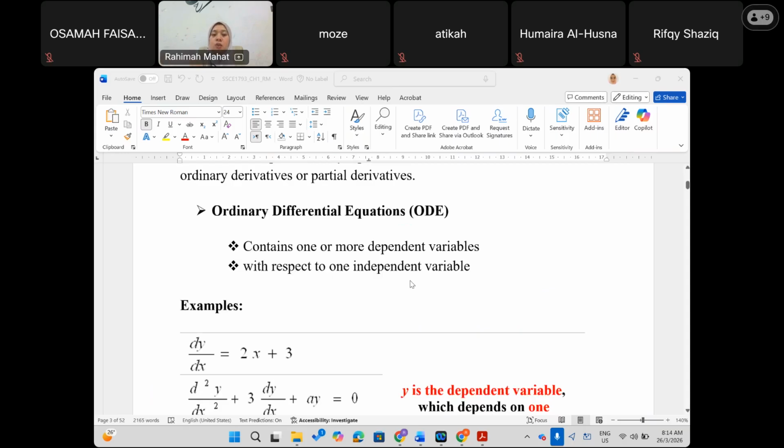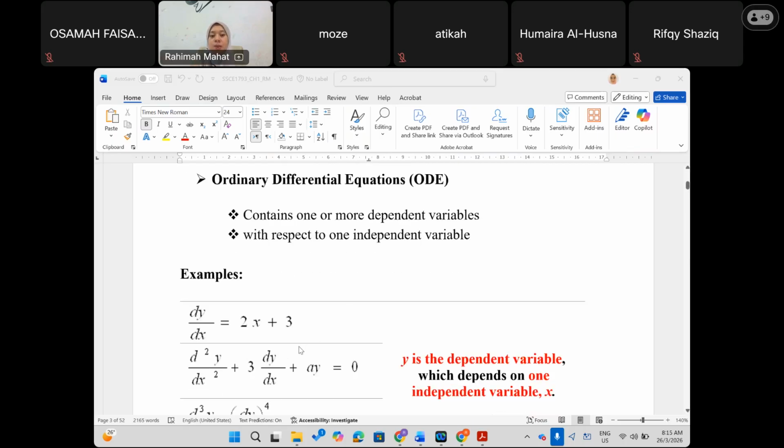So in one equation, you have dependent variables and independent variables. We have 2, dependent and independent. However, for dependent, you can have more than one, and for the independent, you only have one independent variable. That is for the ODE.